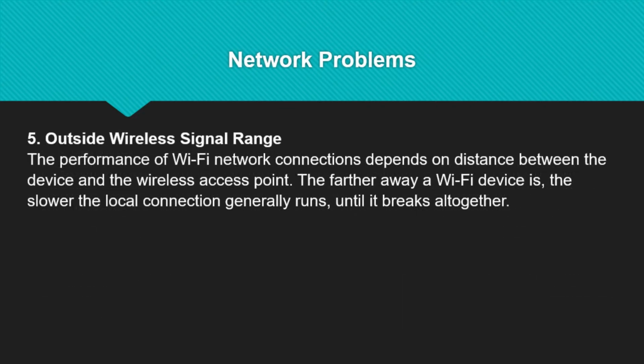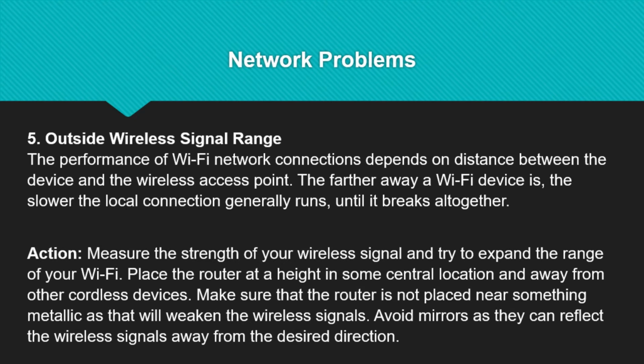Next, number 5 is outside wireless signal range. The performance of Wi-Fi network connections depends on the distance between the device and the wireless access point. The farther away the Wi-Fi device is, the slower the local connection until it breaks altogether. So what should we do? Measure the strength of the wireless signal and try to expand the range of your Wi-Fi.